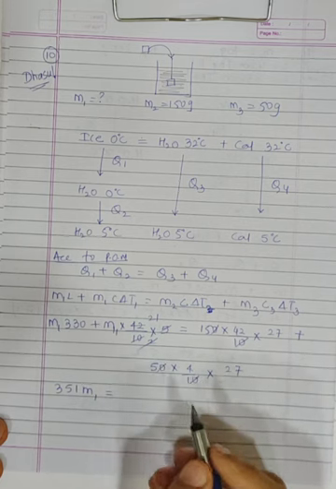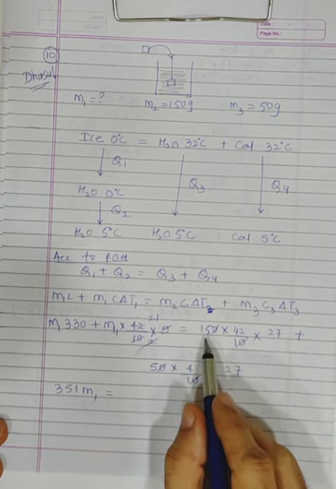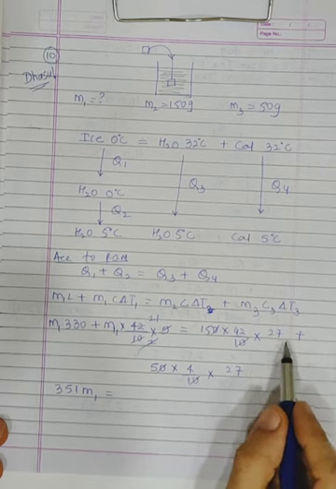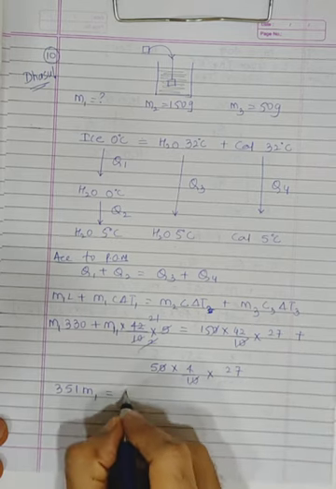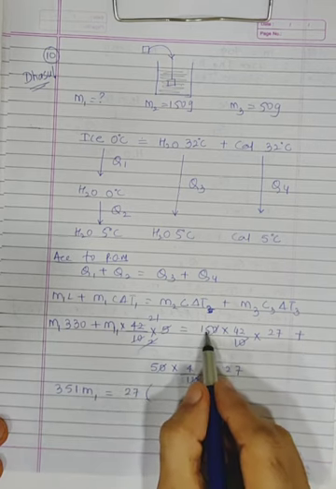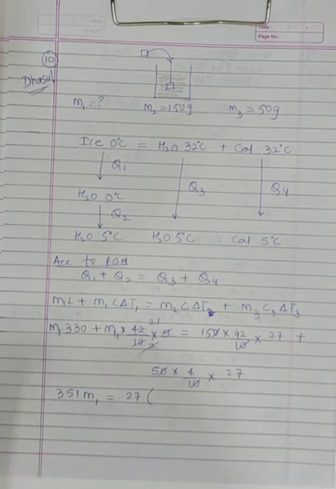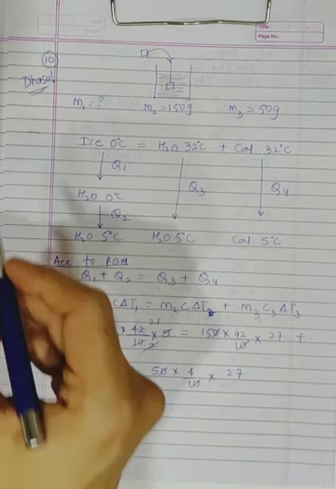Cancel 0 and 0 here also. What I'll do is take this 27 common in brackets. I'll get 15 into 42. How much is 15 into 42?